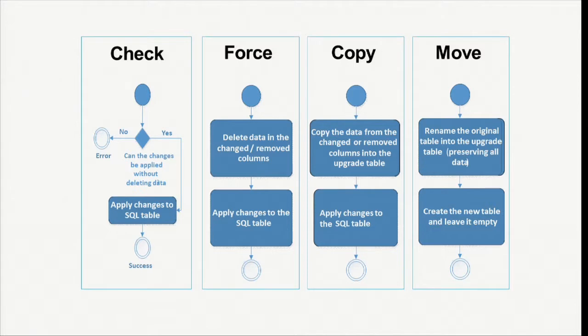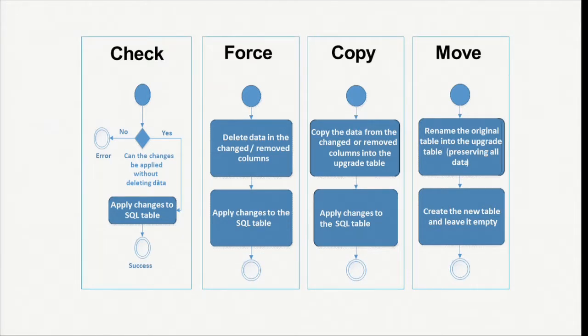If my field contains data, then upgrade option check will fail, and I will get an error message that my change could not be saved. On the other hand, upgrade option force will never fail, because it will forcefully apply your table changes, regardless if you have data in the fields or not. So if you don't care about the data, again, you can use upgrade option force.